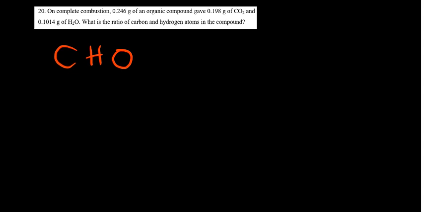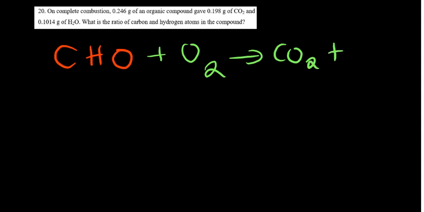So you react that compound, or you burn it in oxygen, to give you carbon dioxide and water. So under combustion analysis, you're going to be given a compound made up of carbon and hydrogen. Of course, it may have oxygen or even nitrogen, or even just carbon and hydrogen.